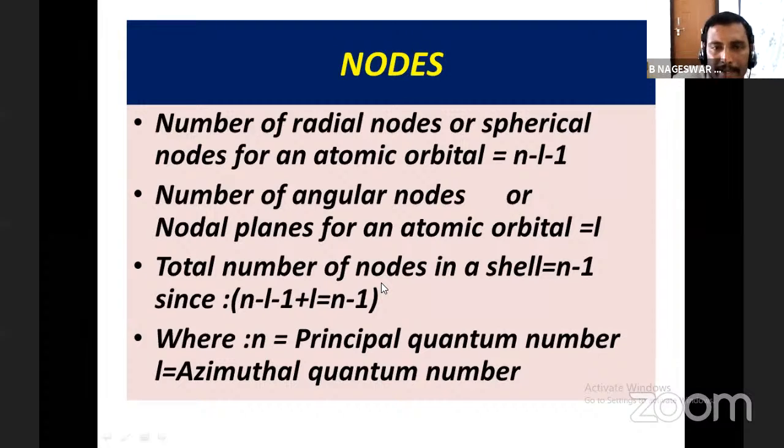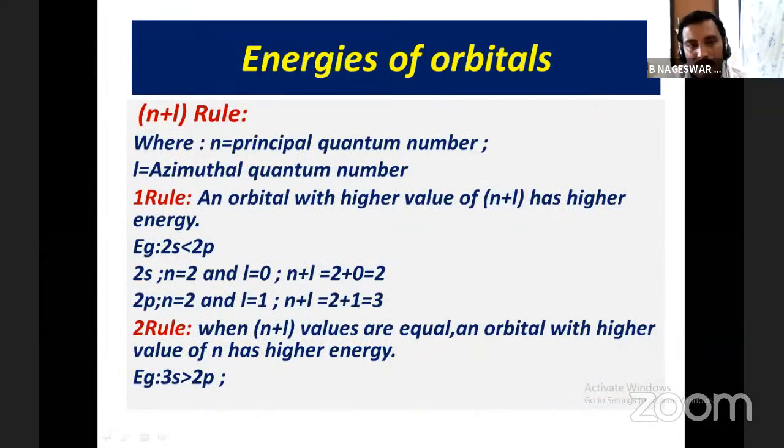Next, children, energies of orbitals. We already know there are many types of orbitals: s orbital, p orbital, d orbital, f orbital. The s orbitals are of many types based on the shell in which they are present. If the s orbital is in the first shell, it is a 1s orbital; in the second shell, a 2s orbital; in the third shell, a 3s orbital.